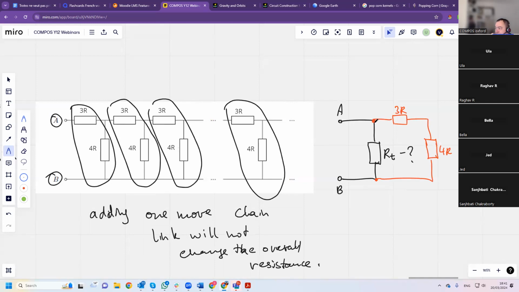Are we on the same page? How well do you understand what I've just done? On the scale 0 to 10, please. So what I've done is I replaced the whole system with a single resistor, which is RT. And because the chain is made of an infinite number of resistors, adding another 3 and another 4 will not change the total resistance.